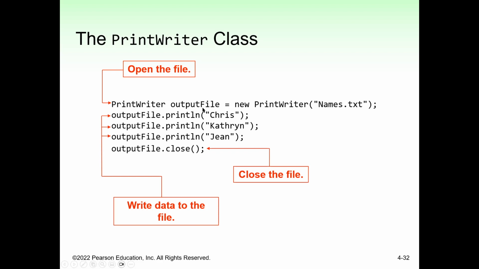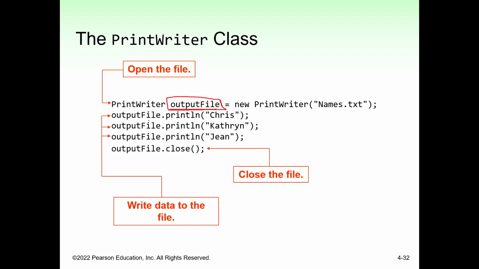After that, this is how you would actually write your data to a file. You would use this same name that you created right here, in this case outputFile, then you would put a dot and either print or println. So remember how we use System.out.print or System.out.println. This is the same idea, but instead of using System.out, we're using the name of our location where we store our file.